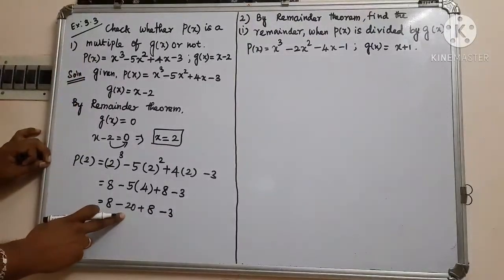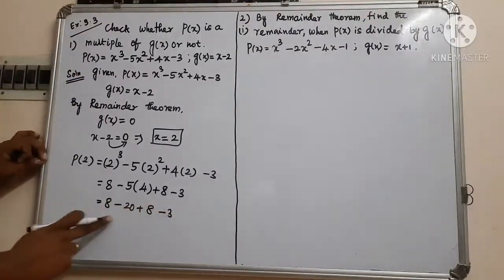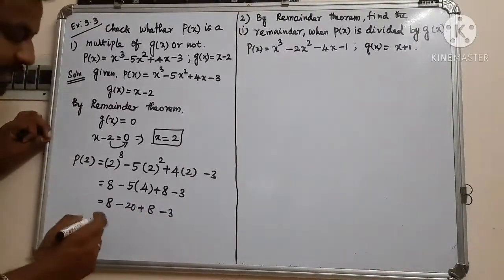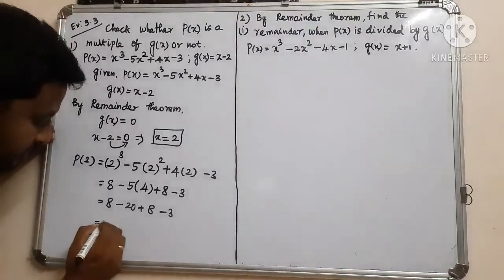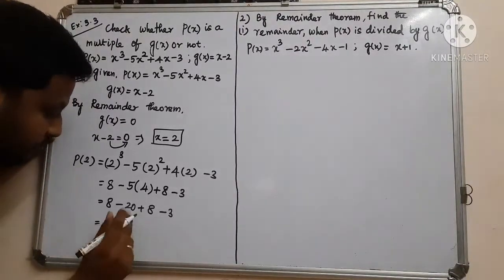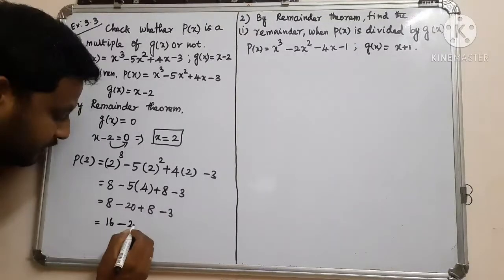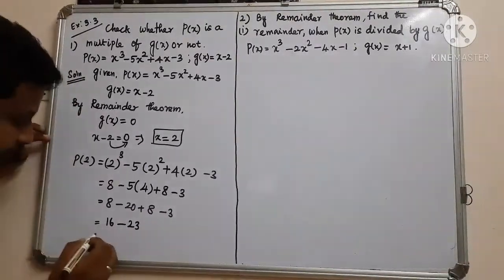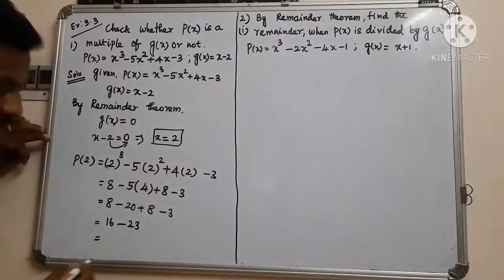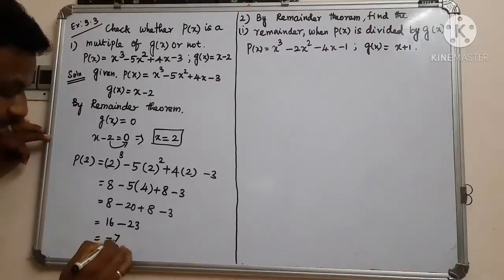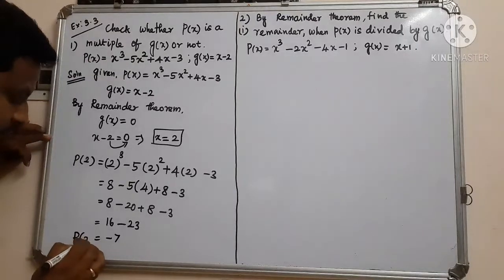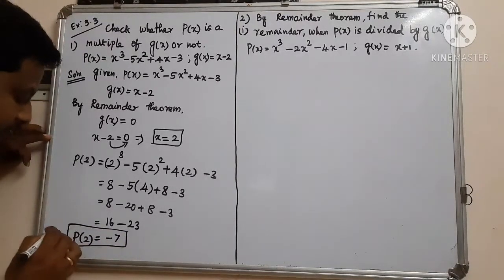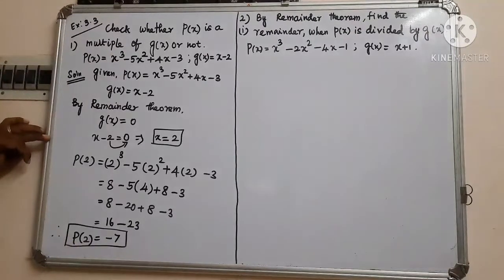So now you have to add the negative numbers as well as the positive numbers. So 8 plus 8 is equal to 16, minus 20 minus 3 is equal to minus 23. So minus 23 plus 16 is equal to minus 7.